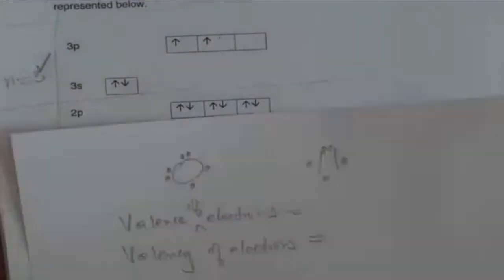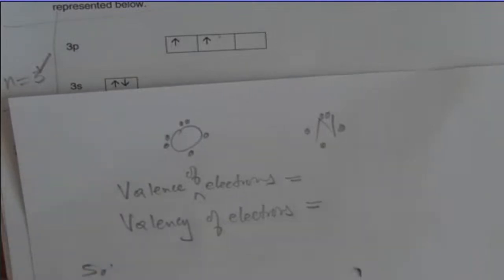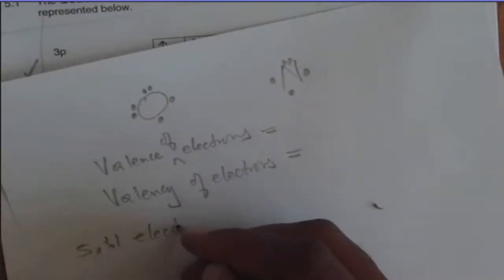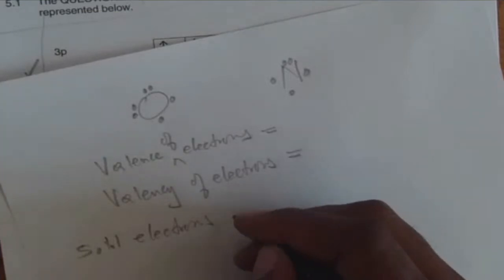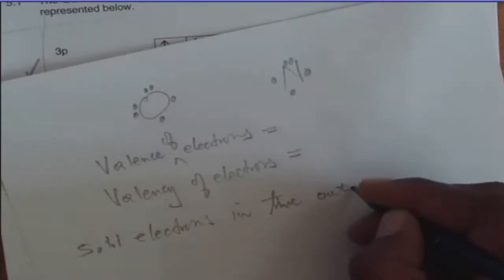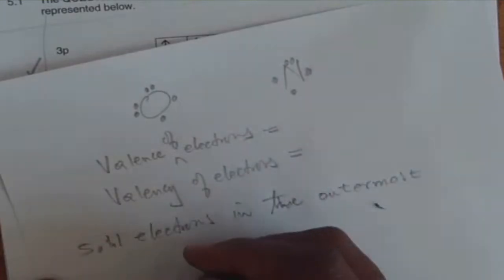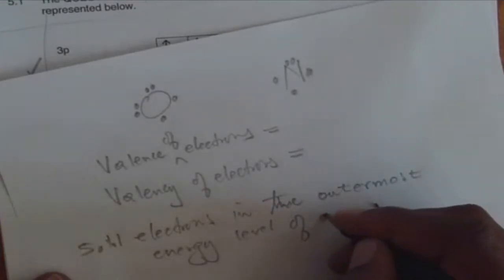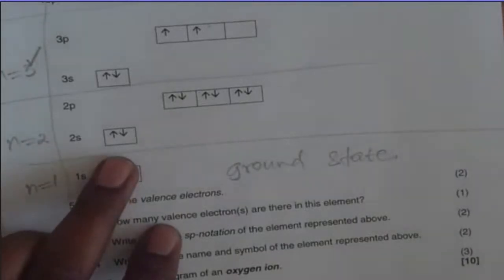So you consider the outermost energy level. That will be our valence electrons.